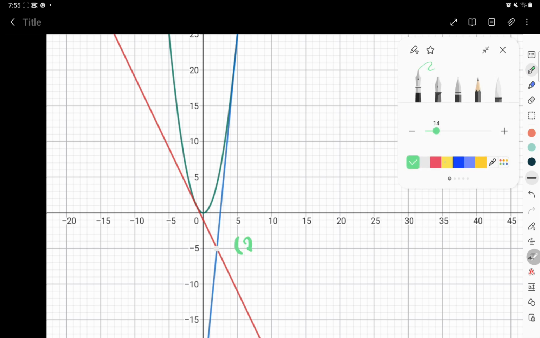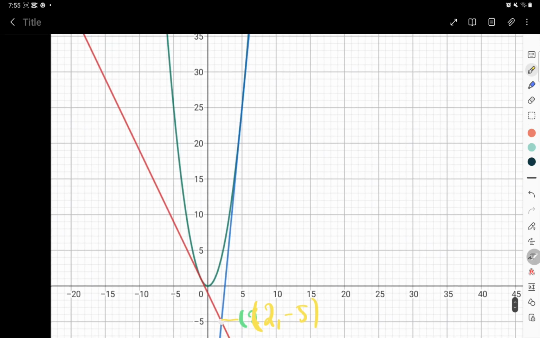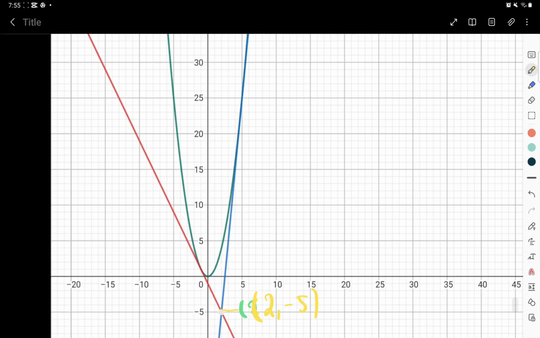Anyways, this is the point 2, minus 5. It's here. And you can see that there are two tangent lines to the parabola y is equal x squared.